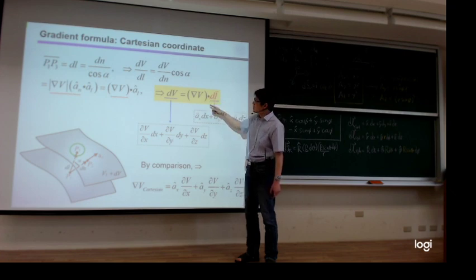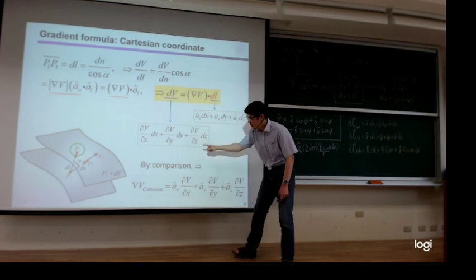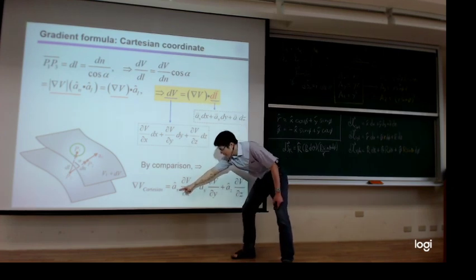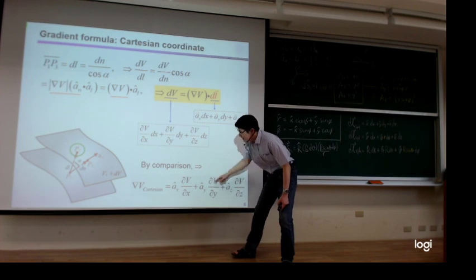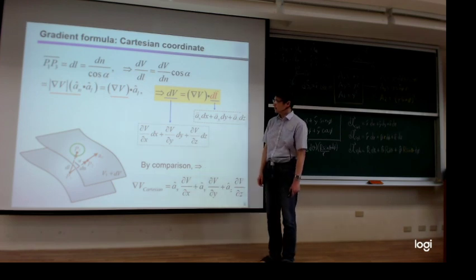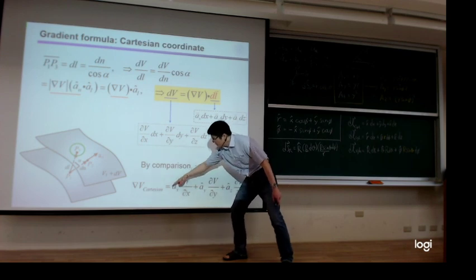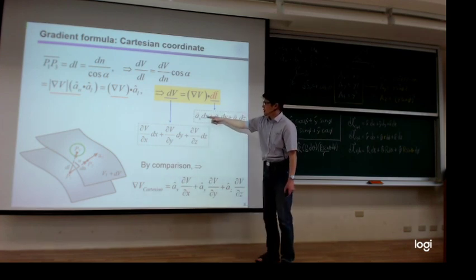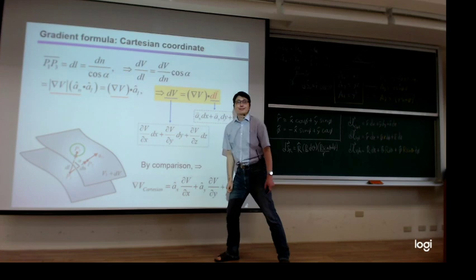So the gradient of v is itself a vector, ax, ay, and az, and the x component must be the partial differentiation of v with respect to x. So this one multiplied by this arrives at this term.